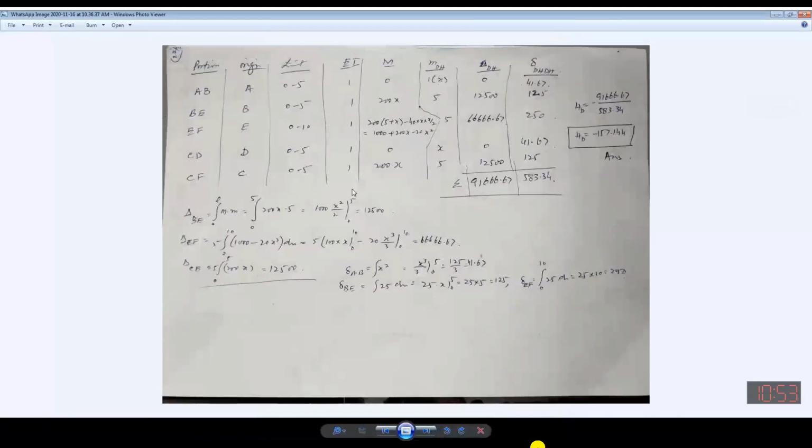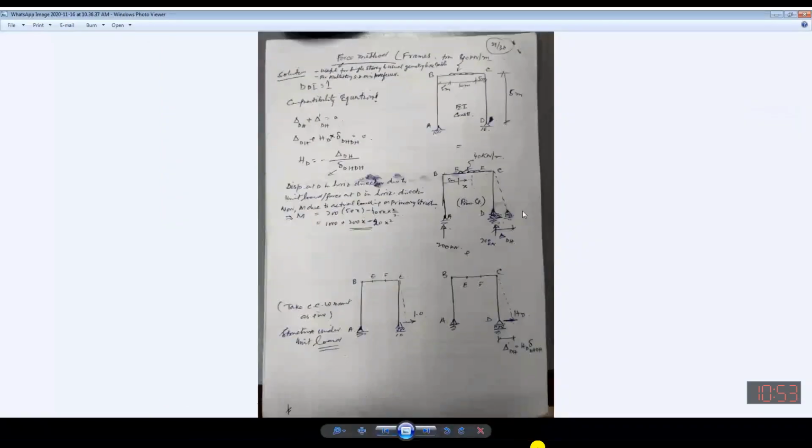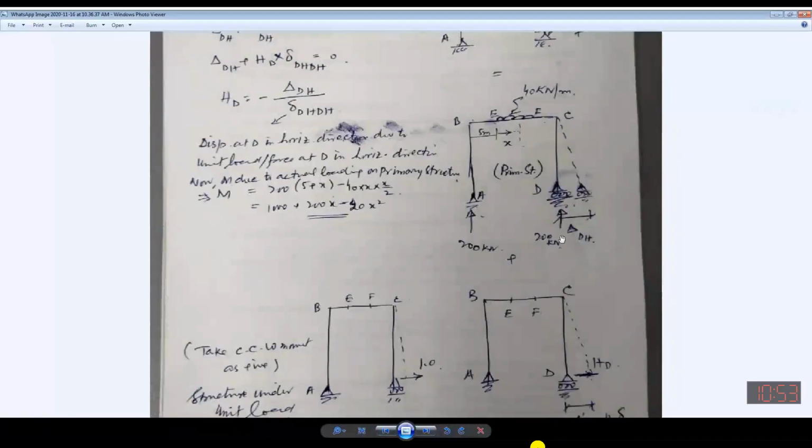Then comes the CF, and C is the origin, 200x is written. You can see that this 200 kilonewton is acting, this is the line of action of this force, and this will be creating a moment, and it is producing the sag, so it will be taken to be positive in the upward direction.